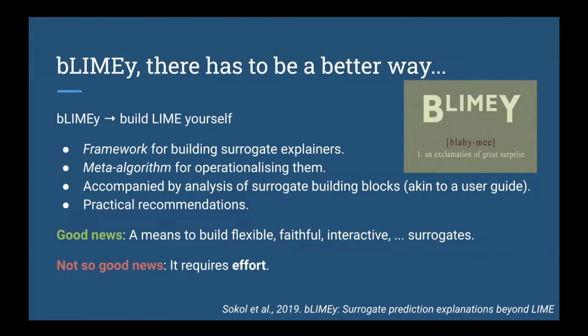We call our method BLIME, which stands for Build LIME Yourself. It's a collection of tools, like a framework for building surrogate explainers, a meta algorithm that helps you to operationalize them, and also some analysis of different building blocks that constitute surrogate explainers, and some practical recommendations for putting all of this together. So this means that we can use BLIME to build flexible, faithful, possibly interactive surrogates.